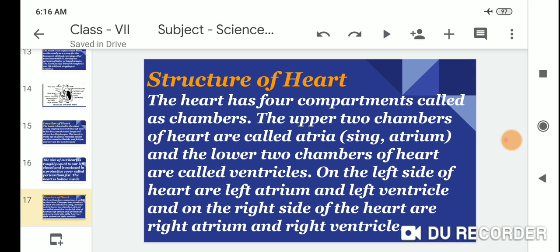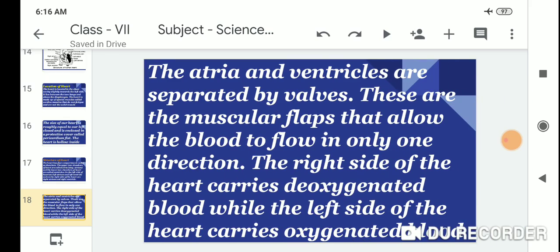On the left side of the heart are the left atrium and the left ventricle, and on the right side are the right atrium and the right ventricle. The atria and the ventricles are separated by valves. These are muscular flaps that allow the blood to flow in only one direction.